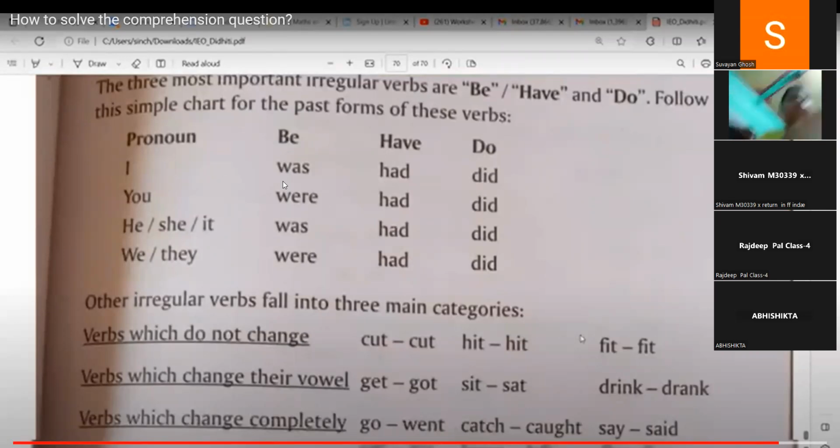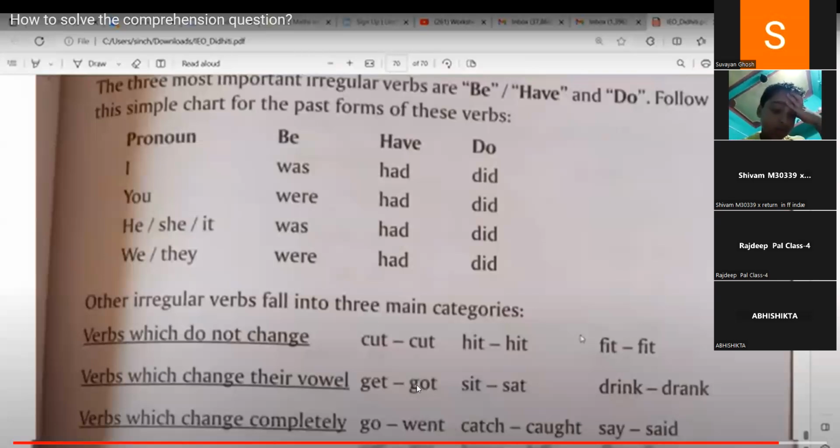I was. Then you were. Then he, she, or it was. Very good. Then we, they were. Very good. Excellent, Shivam.